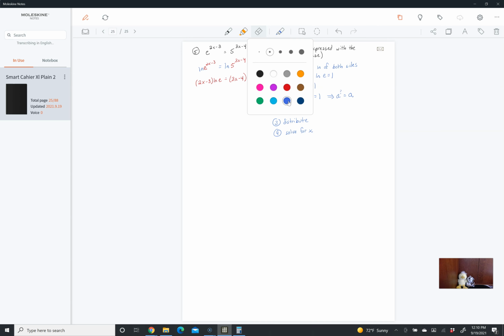So we can just ignore that. Anything times 1 is itself. The ln of 5 is 1.61. So we could just say 2x minus 3 is equal to 1.61 times 3x minus 4. That's a parenthesis.